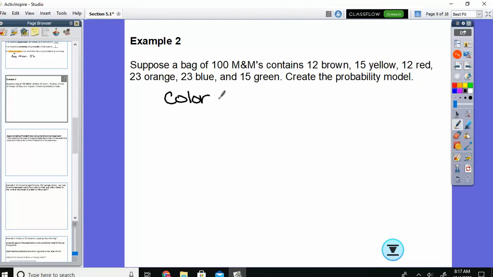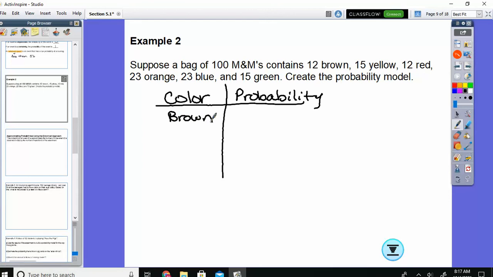We're going to list our outcome, which is color, and then we're going to list the probability. So my different outcomes, we can have brown, yellow, red, orange, blue, and green.